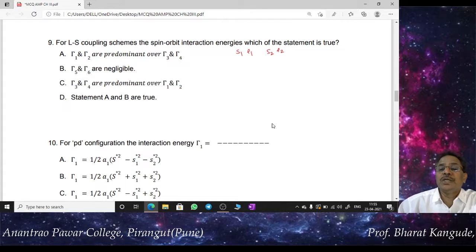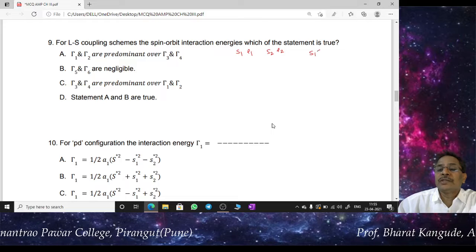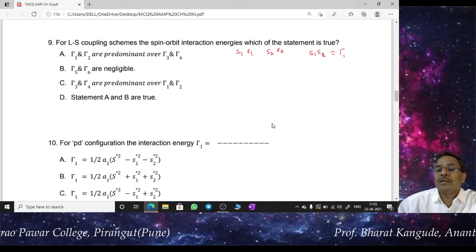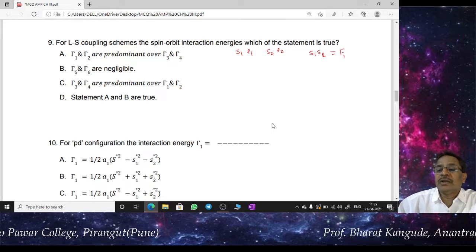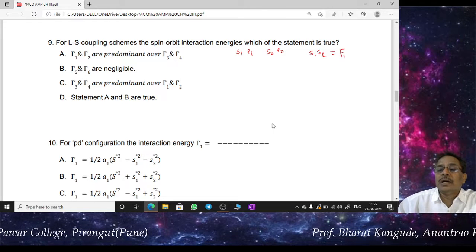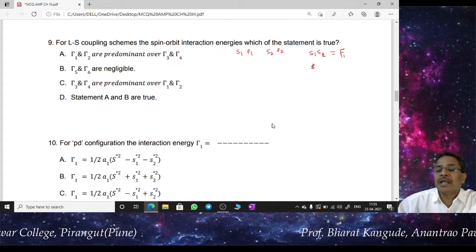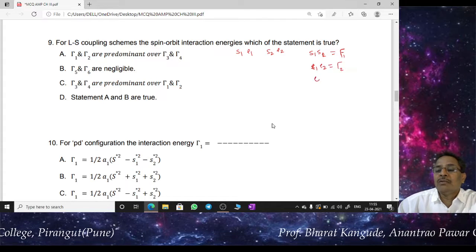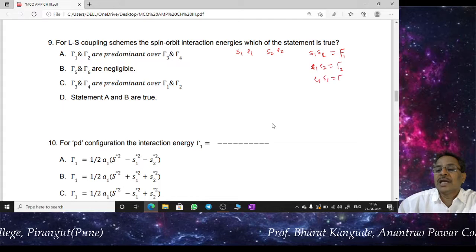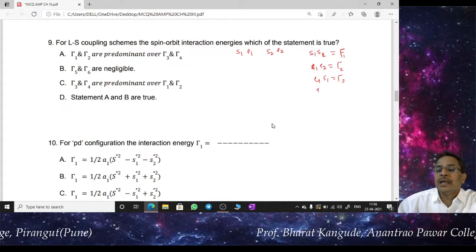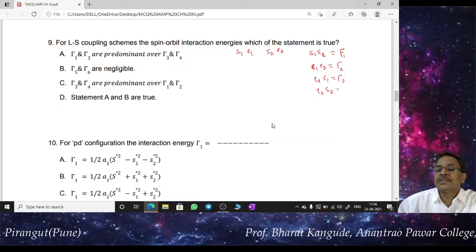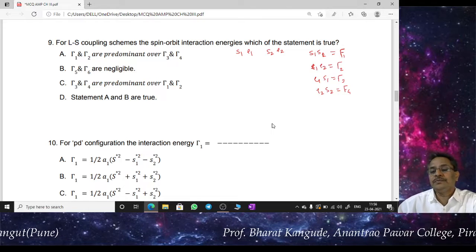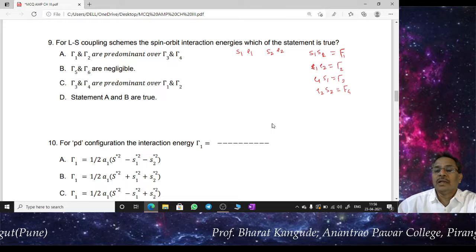The first interaction is S1 and S2, given by gamma 1. The second is L1 and L2, gamma 2. Then L1 and S1 is gamma 3, and L2 and S2 is gamma 4.